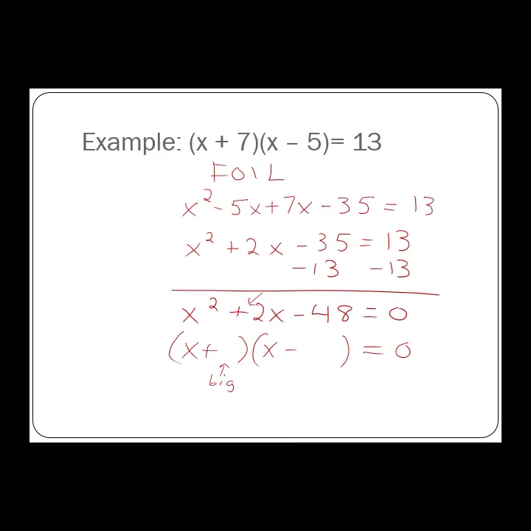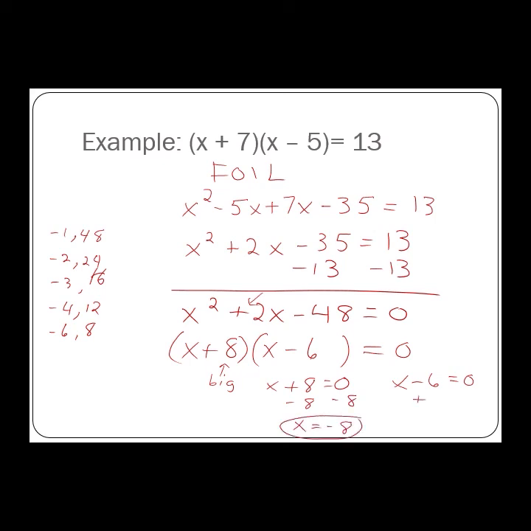And if you run through our factors of 48, -1 and 48, -2 and 24, -3 and 16, -4 and 12, -6 and 8, those are the 2 that we're looking for. X plus 8 equals 0, x minus 6 equals 0. So either x equals -8 or x equals 6.